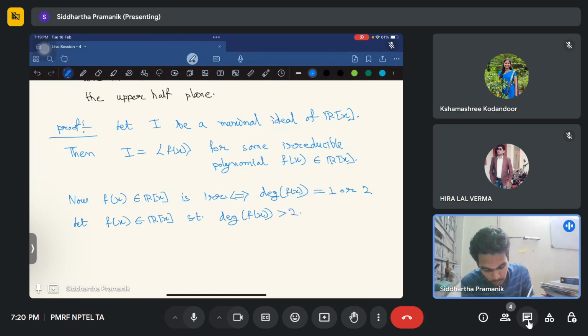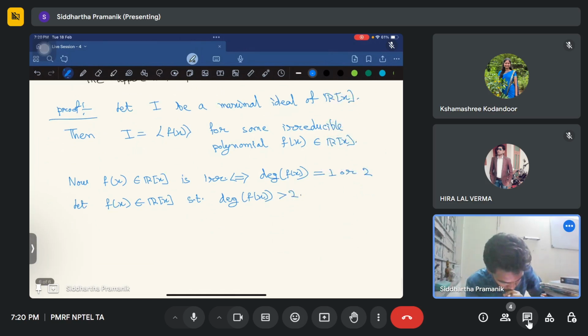Then I will show f(x) cannot be irreducible. If the degree of f(x) is odd, then we know that odd degree polynomials always have a real root, because complex roots occur in pairs.